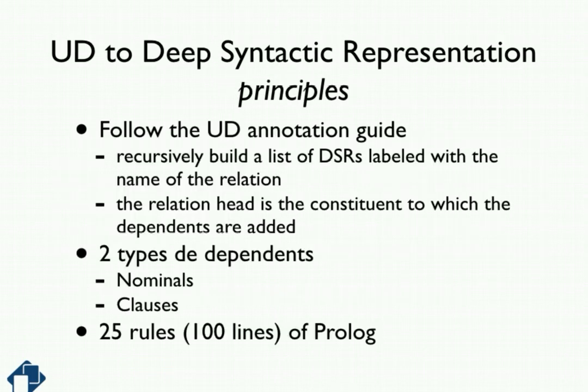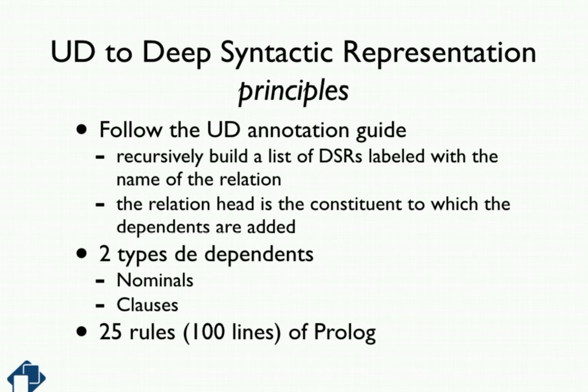Then we have to go from the universal dependency structure to the deep syntactic representation. So essentially what we do is that we more or less reverse engineer the UD annotation guide, in which we recursively build a list of deep syntactic representations labeled with the name of the relation, and the relation head is the constituent to which the dependents are added.